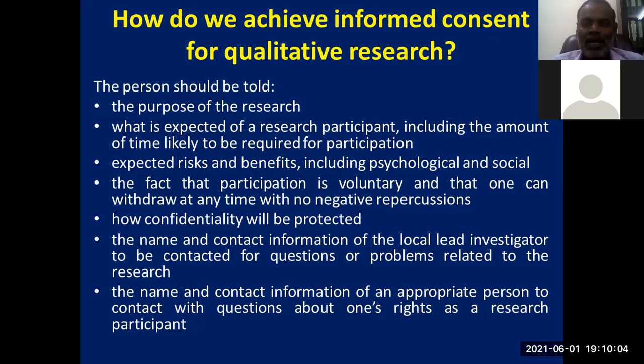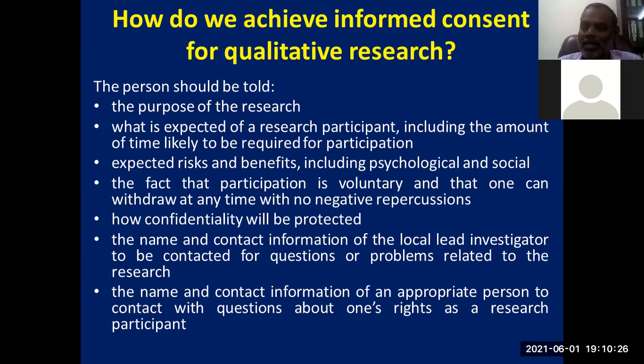The informed consent should carry the following information. For example, it needs to explain the purpose of the research, and what exactly is expected of the research participants. It includes the amount of time likely to be required from the participants.